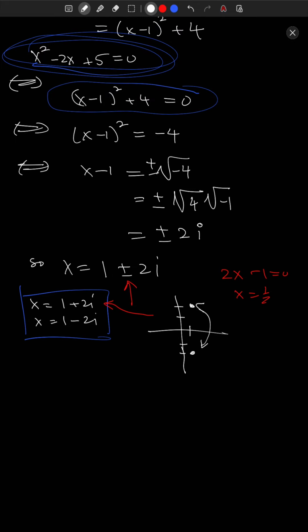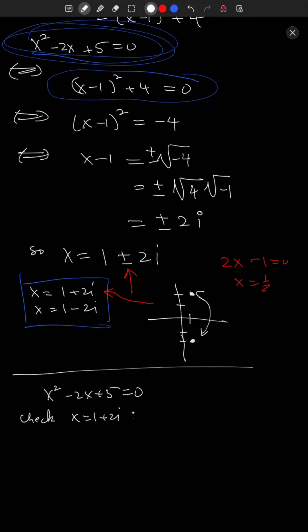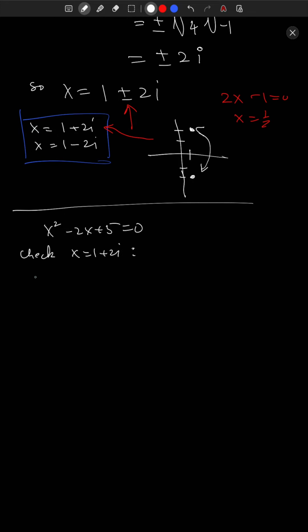Let's check our answer. We should check our answers if we can, and this is a good exercise in making sure you're comfortable multiplying and manipulating complex numbers. Our original problem was x squared minus 2x plus 5 equals 0. Let's check x equals 1 plus 2i. So this would be (1 plus 2i) squared minus 2 times (1 plus 2i) plus 5 equals 0.